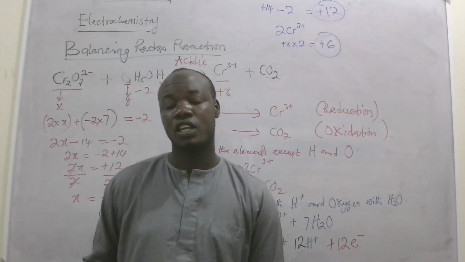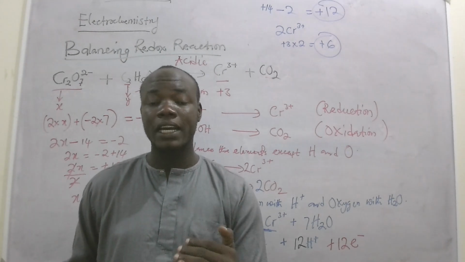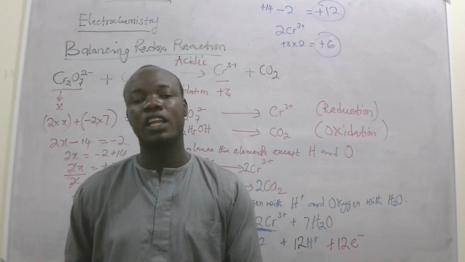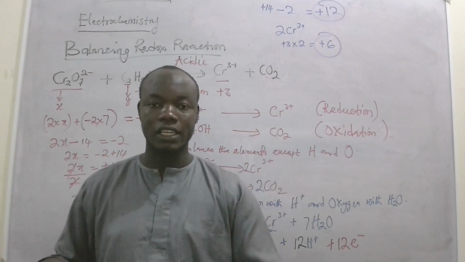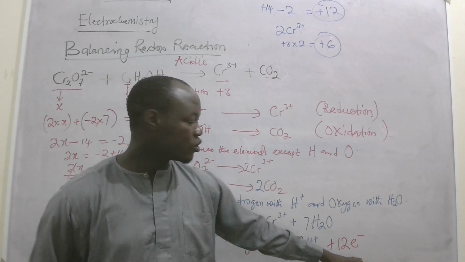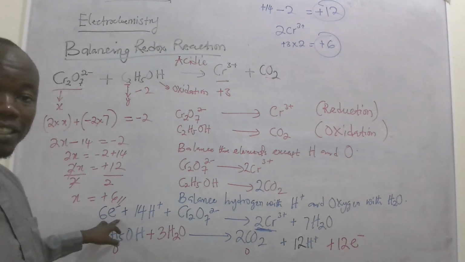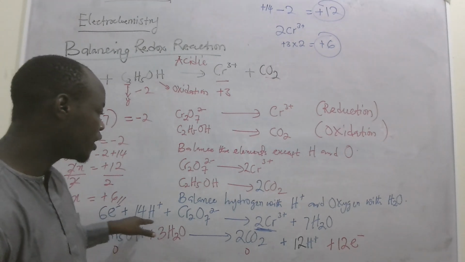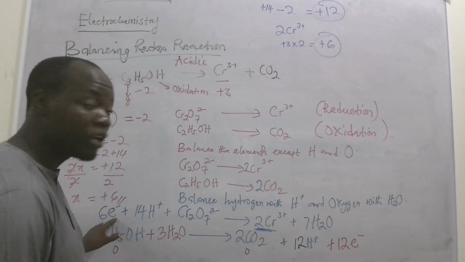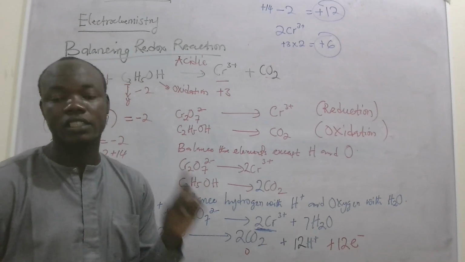But before you do that, you have to get a factor that will make the number of electrons in the oxidation half equation and the reduction half equation the same, so that they will cancel. For example, the number of electrons here is 12, but here it is 6. So how do you get a factor so that after you add everything, the electrons here and here cancel each other?